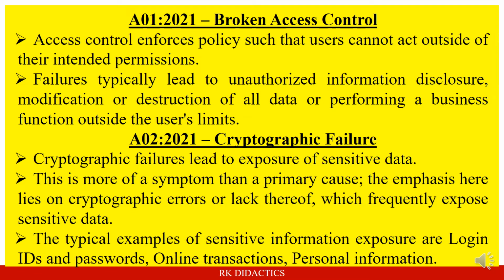The typical examples of sensitive information exposure are login ID, passwords, online transactions, personal information. So when a cryptographic failure happens, normally login ID, passwords, online transactions, and personal information all get exposed. So the first risk is broken access control and the second risk is cryptographic failure.